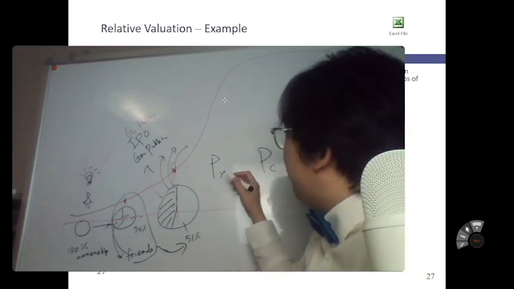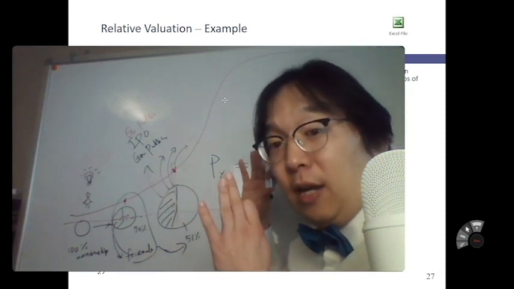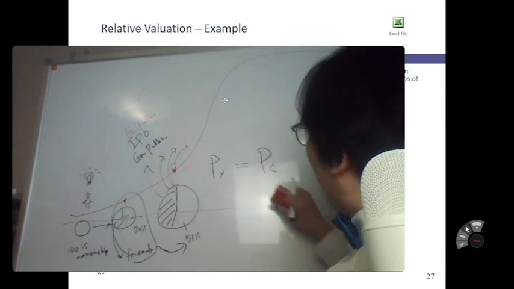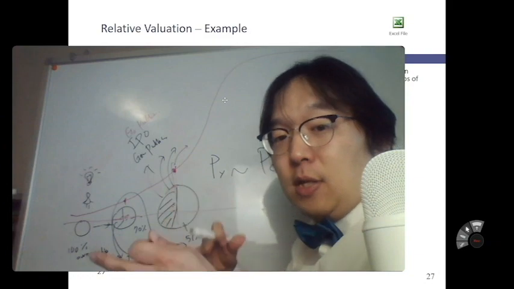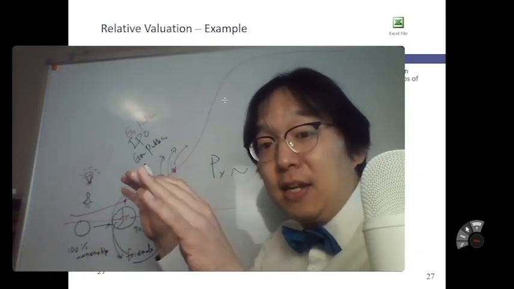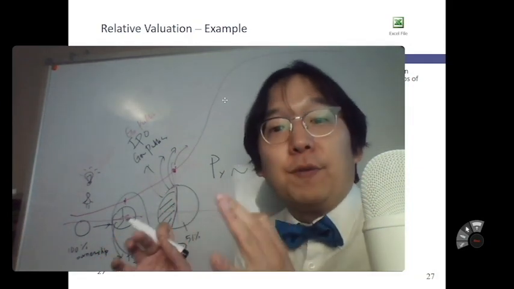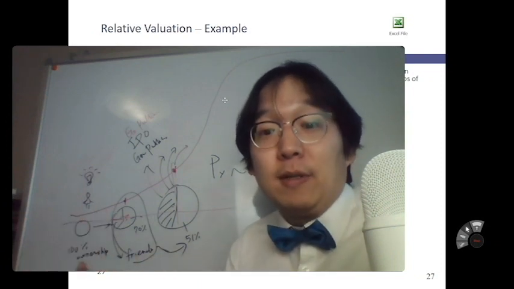But before we say this is exactly equal, what should we be careful about? We cannot easily say this has to be exactly the same, but it has to be equivalent somehow. Why do I say equivalent instead of exactly the same? Because different companies have different numbers of shares outstanding, even though their economic fundamentals are the same.